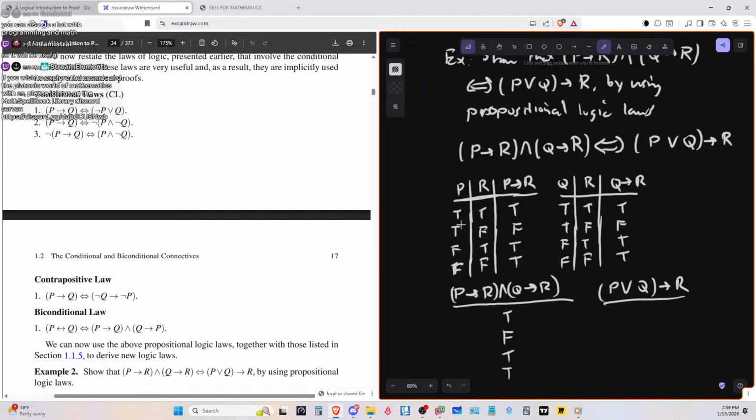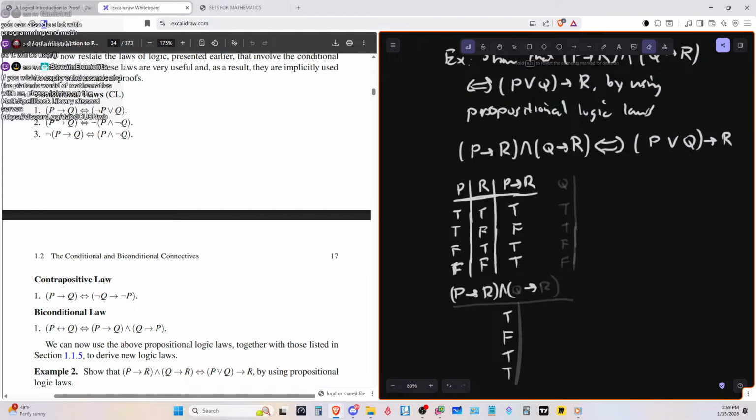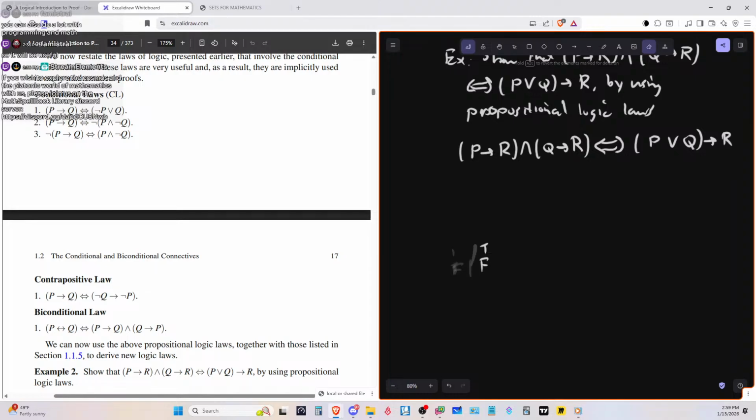So if they're both true, then that's true, which implies that R. Then it'll be like a third version of it. That's usually how challenging math problems go.